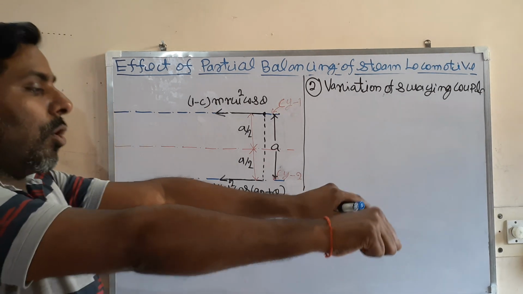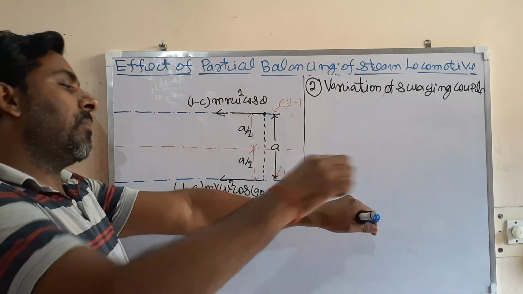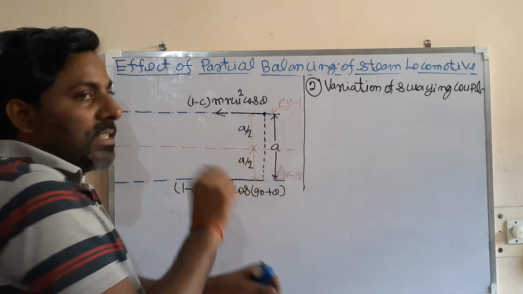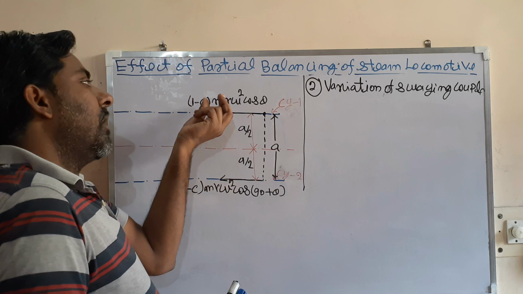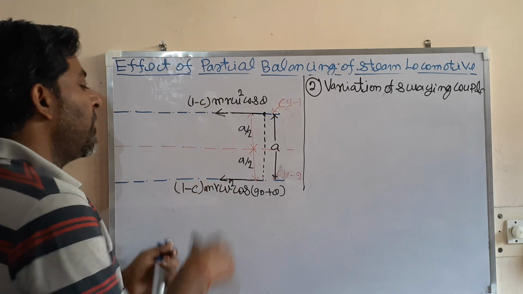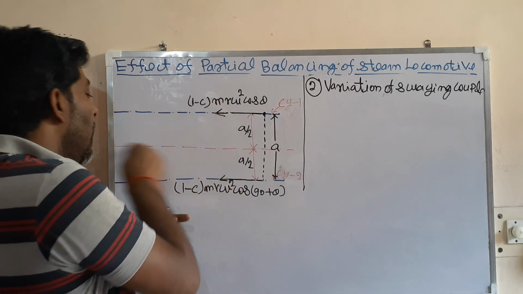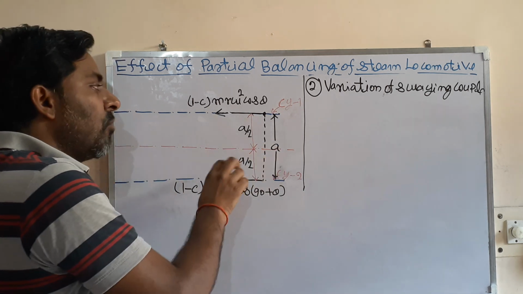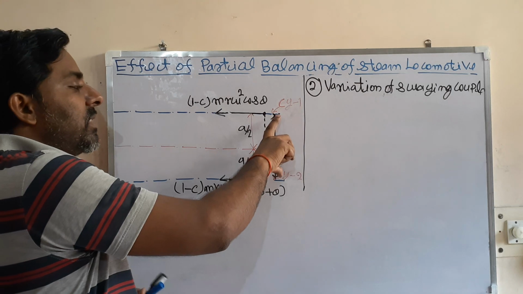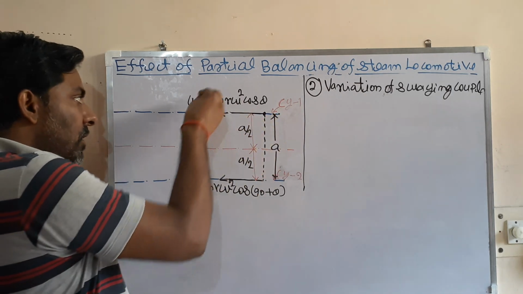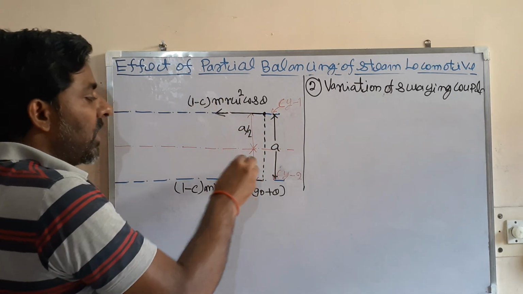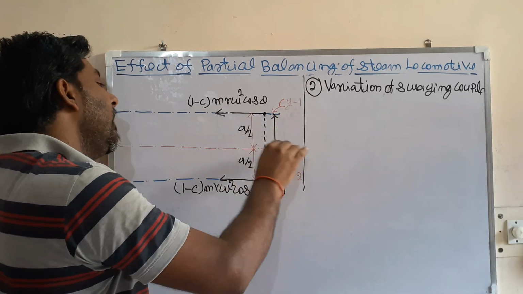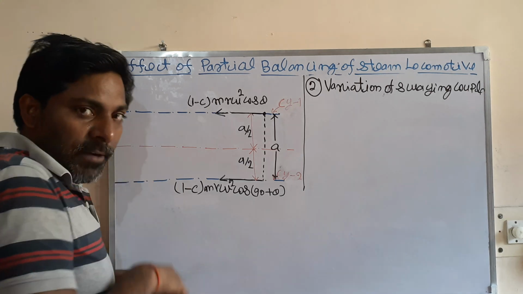These two are separated by a distance a, and this is the mid center line. So there are two primary unbalanced forces along the line of stroke, separated by a distance a. That will give a net moment about this mid center line.